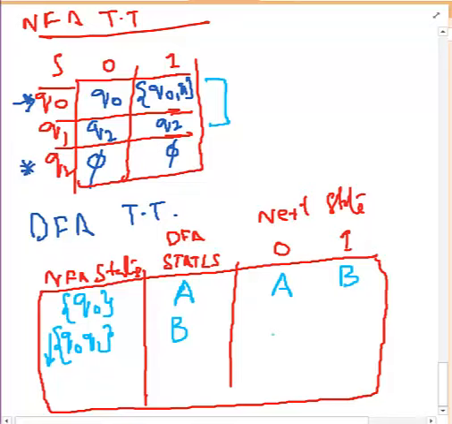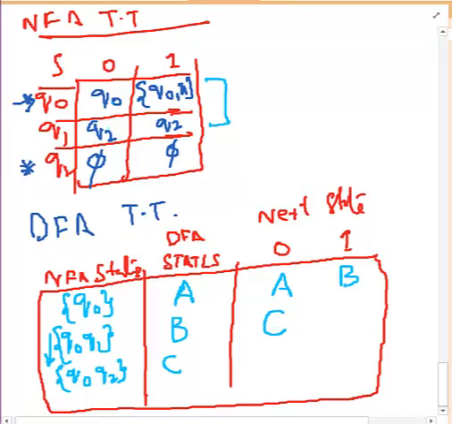That is going to be my new state, and I call it C. Simple, because this is a new state. So I'm saying on Q0 Q1, if I take 0 as input, I have reached the new state of the DFA called C, and C is the set of states Q0 Q2.